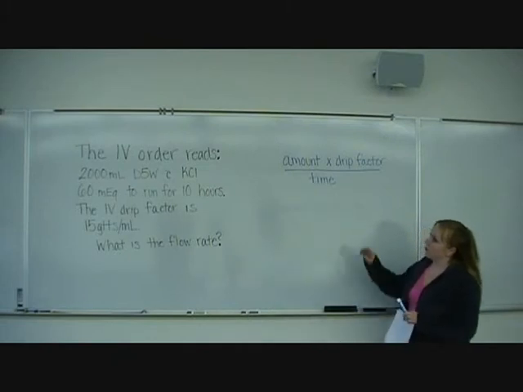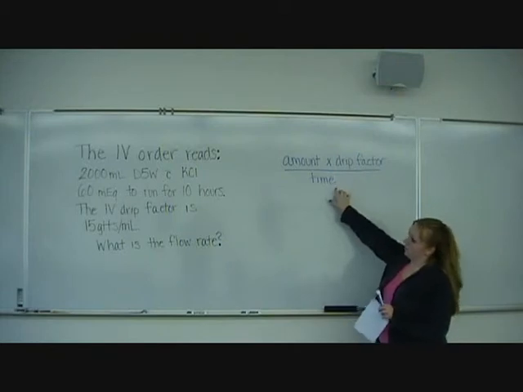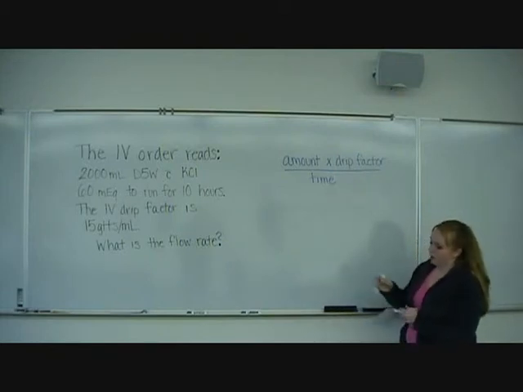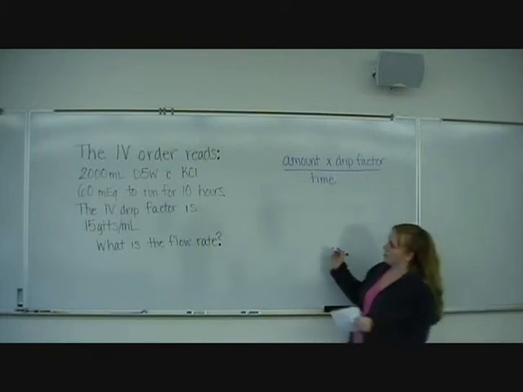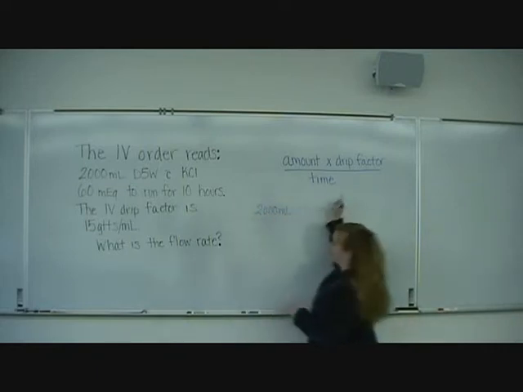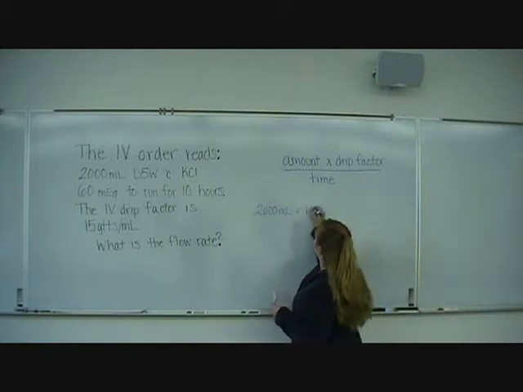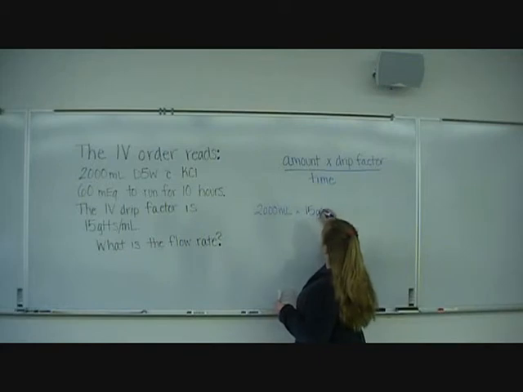First, you want to do your formula of the amount times your drip factor divided by time. So the amount that we have is 2,000 milliliters. And then times our drip factor of 15 drops per milliliter.